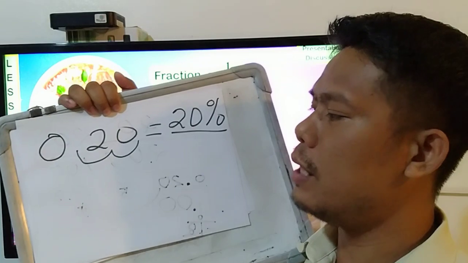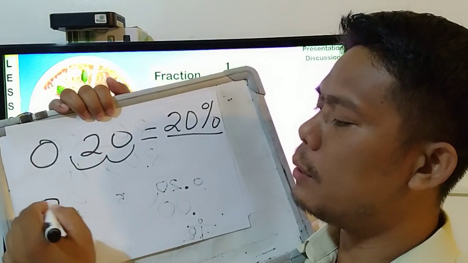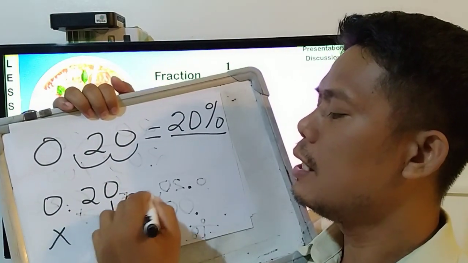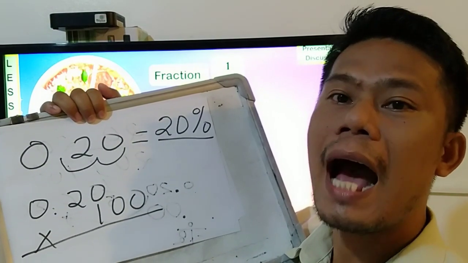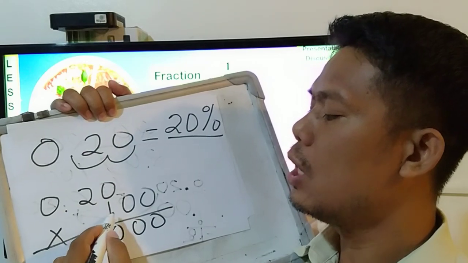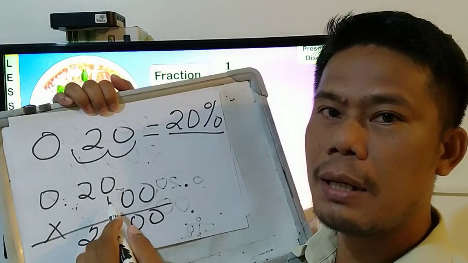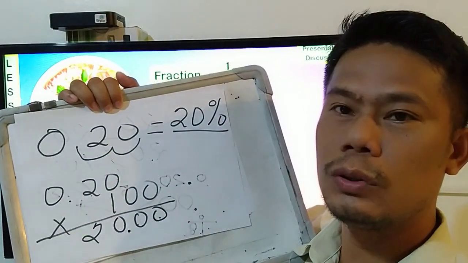And the other way that I am going to use is by multiplying it by 100. Again, why 100? Because percent means per 100. So we are going to multiply, bring down 3 zeros. 2 times 1 equals 2. Then count the number of decimal places. We have 1, 2. So we have 20.